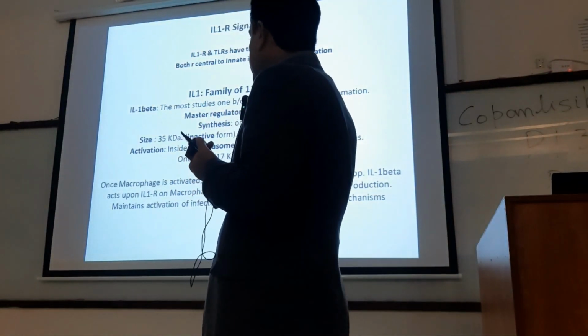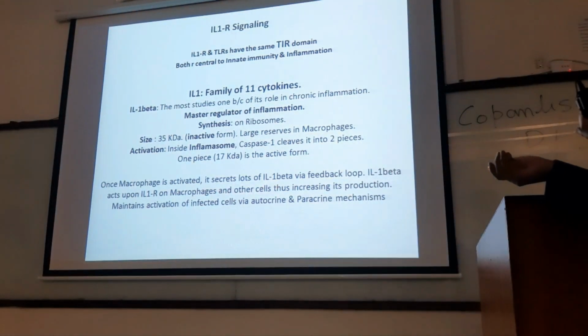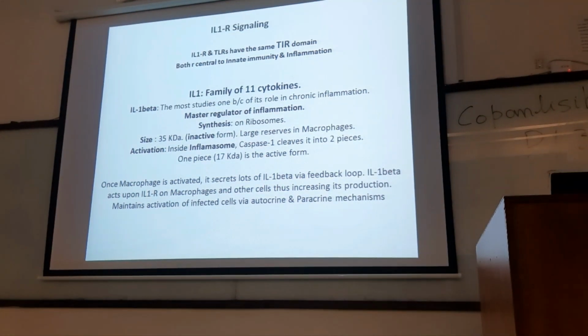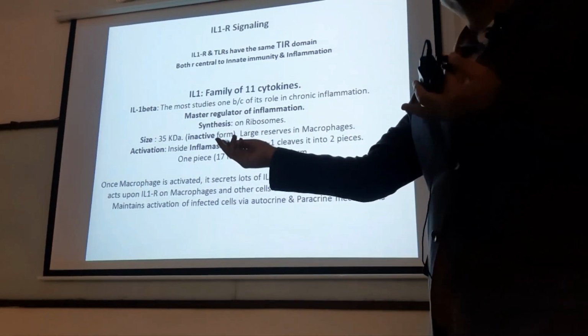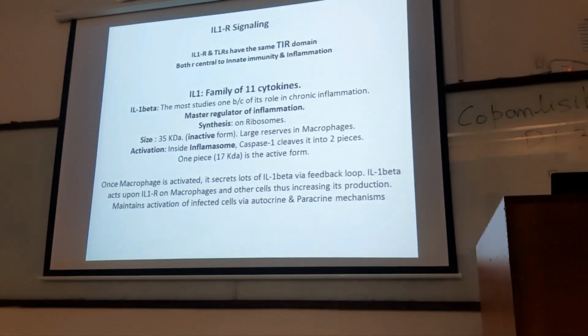But once the macrophage is activated and it secretes lots of interleukin-1 beta, a feedback loop is established. The inflammasome helps with the activation of interleukin-1 beta, and then it comes out of the macrophage. This interleukin-1 beta can act upon the same macrophage, or upon a neighboring macrophage, or it can also affect other cells that have interleukin-1 receptors.